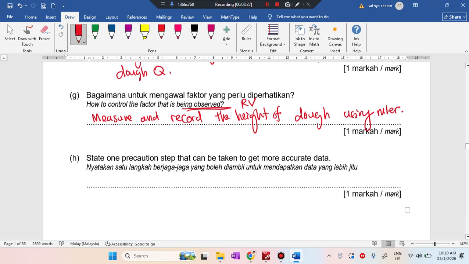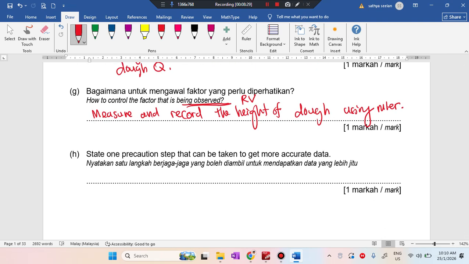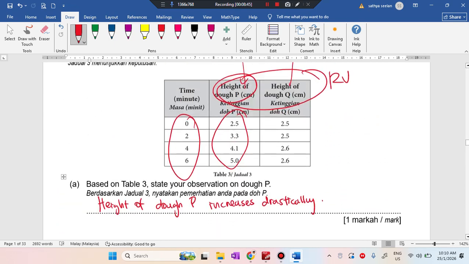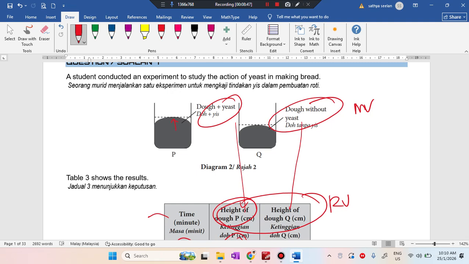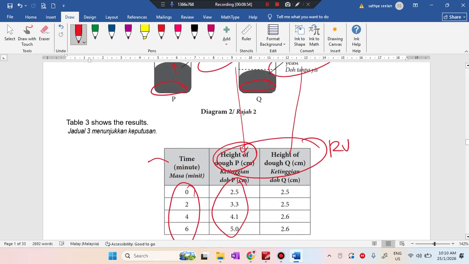Okay. State one precaution step that can be taken to get more accurate data. This one, you must make sure the constant variable is the same. So what is the constant variable? The initial mass must be the same. Then only can we compare, right?